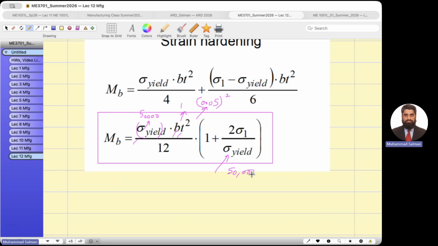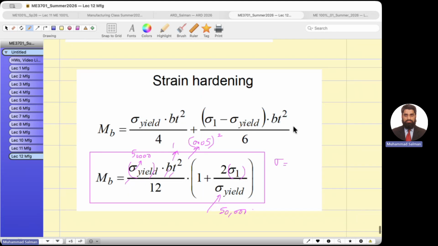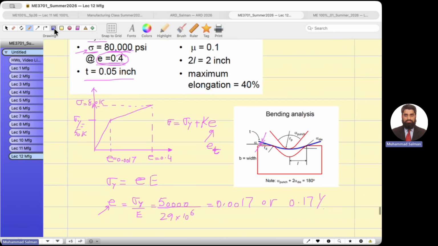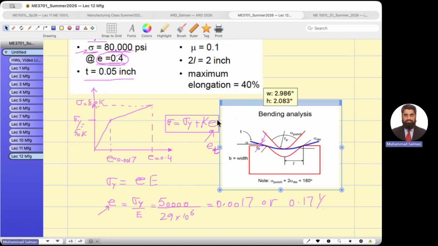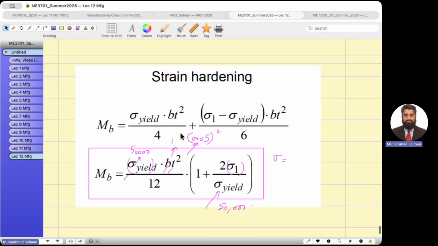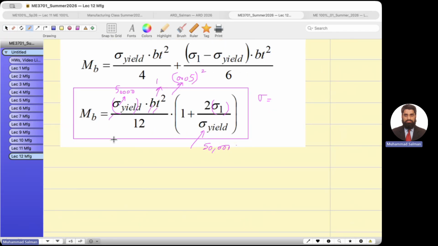Then you will be asking, Professor, what is sigma 1? You see the law. The sigma law is here for strain hardening. This is the rule of the stress strain curve. You have to take this formula. So I'm going to write down sigma equals sigma y plus k times e.